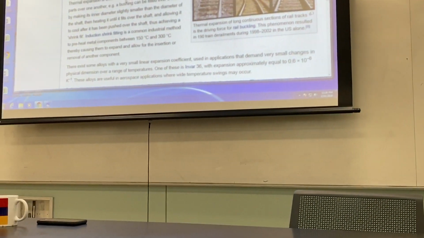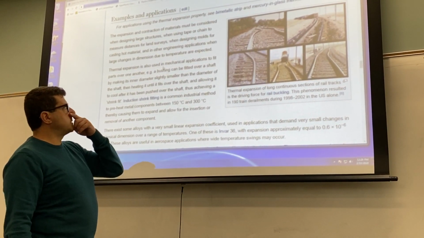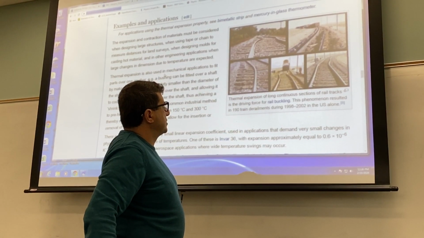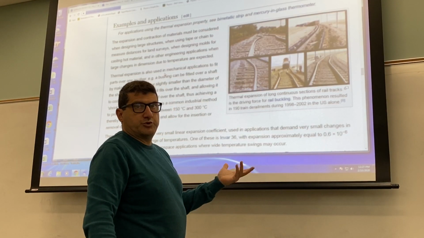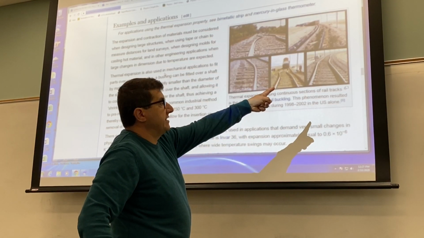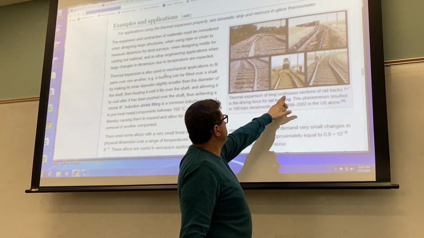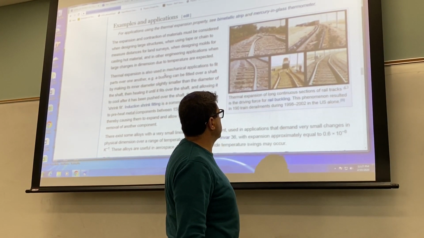This is what happens when you don't take into account expansion of materials. Before, when we made train tracks and we weren't making it to exact specifications and we weren't putting gaps, they would bend like that. That's quite severe, huh? Thermal expansion of a long continuous section of a rail track is the driving force for rail buckling.